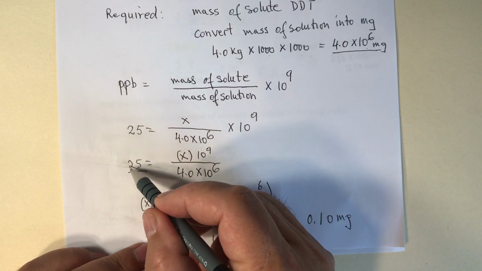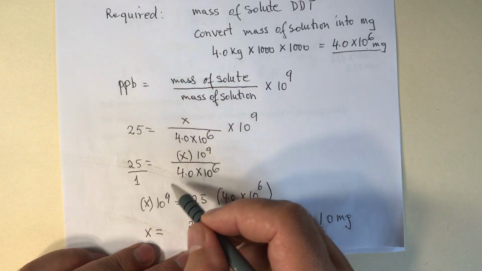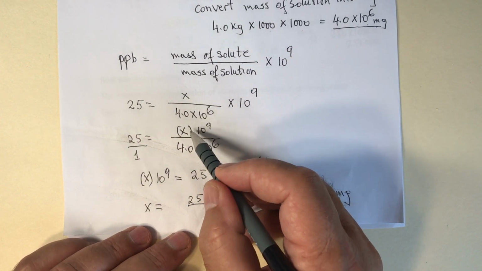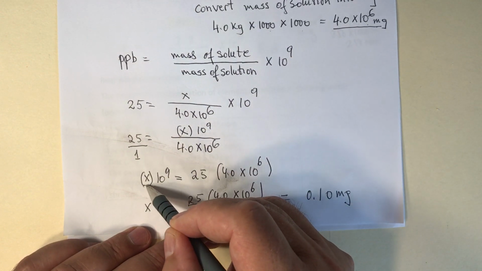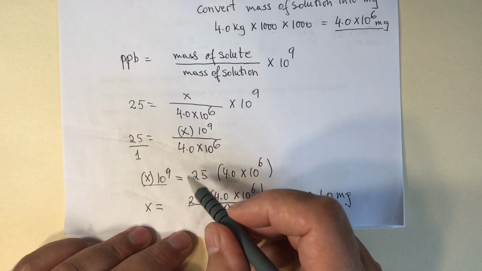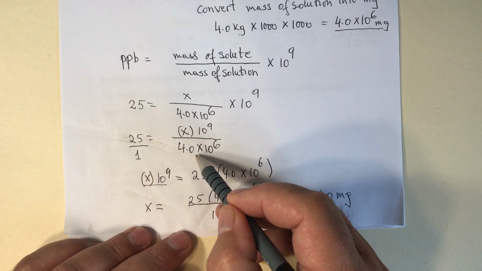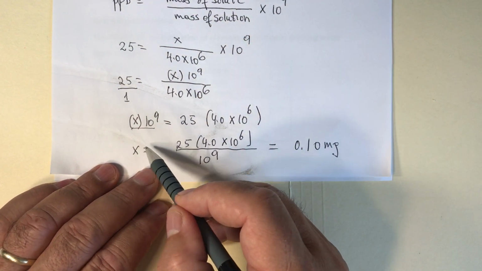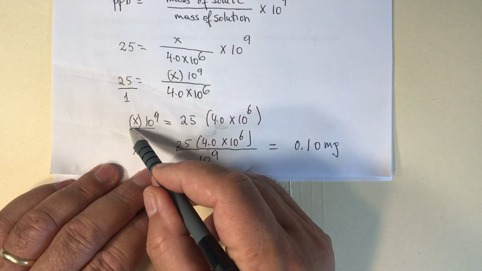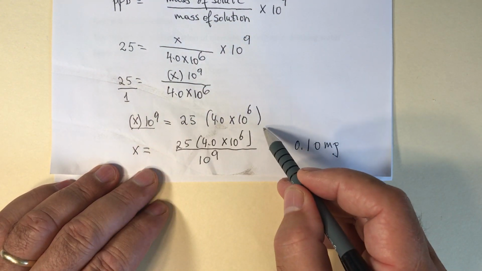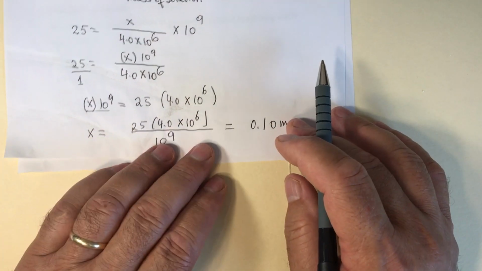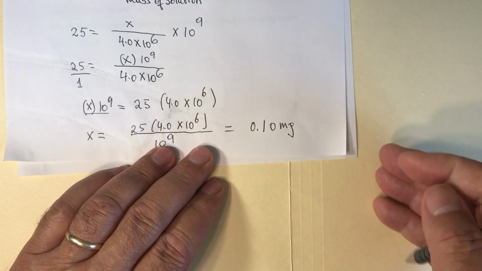We can put 1 here, we don't change anything, and we cross multiply now: 10 to the power of 9 times x times 1 equals 25 times 4.0 times 10 to the power of 6. We solve for x by dividing both sides of this equation by 10 to the power of 9, and we get the answer 0.10 milligrams.